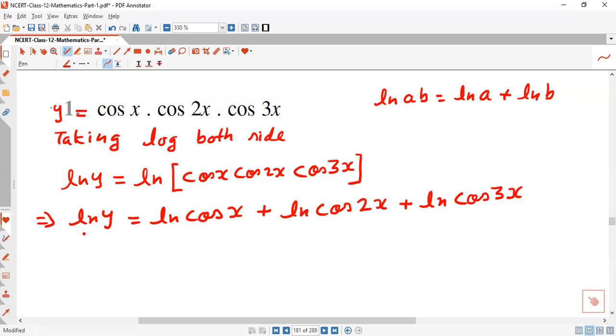Now differentiate both sides with respect to x.